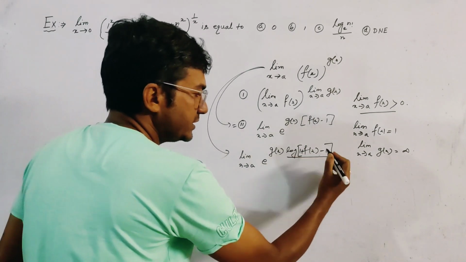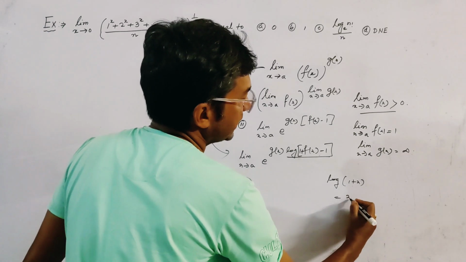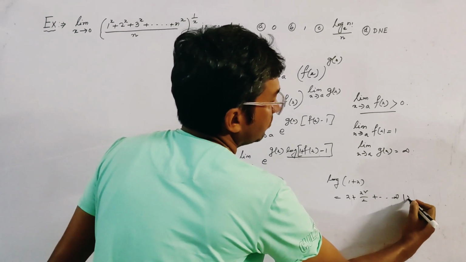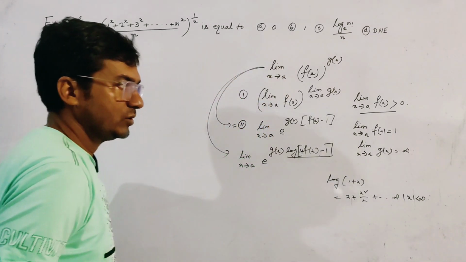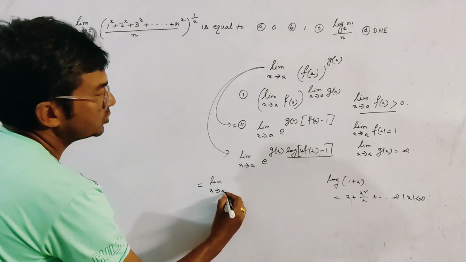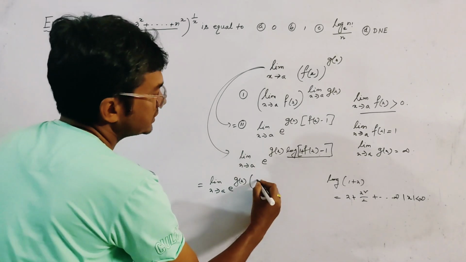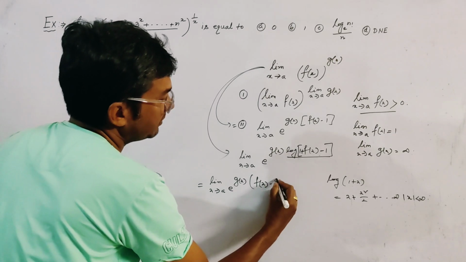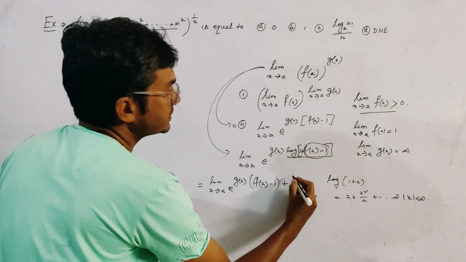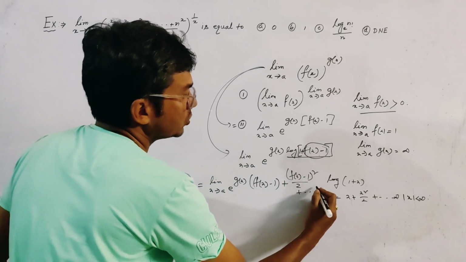Now we expand this series, because the expansion of log(1 plus x) is x plus x square by 2 and so on, where mod x is less than 1. We use this formula here, and this is given by limit x tends to a of e to the power g(x) into, here x means f(x) minus 1, so (f(x) minus 1) plus (f(x) minus 1) whole square by 2 and so on.